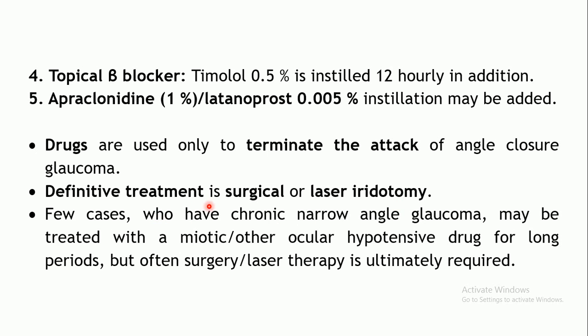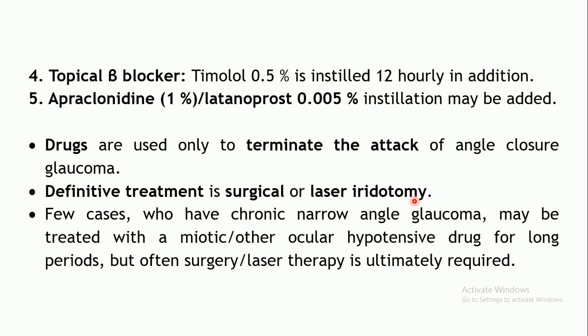But the definitive treatment for angle closure glaucoma is either surgical or laser iridotomy. That is, partial removal of the iris has to be done as the ultimate measure or definitive treatment.